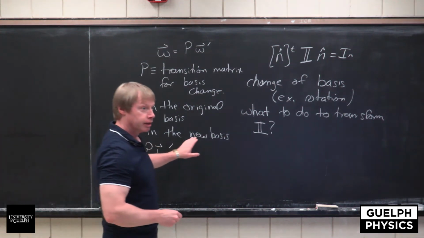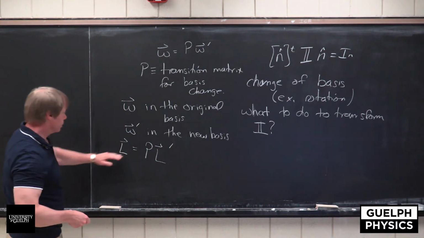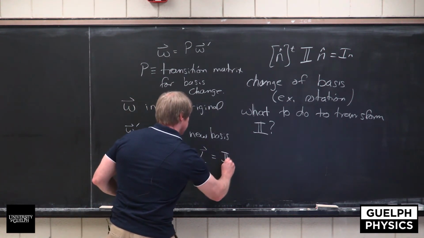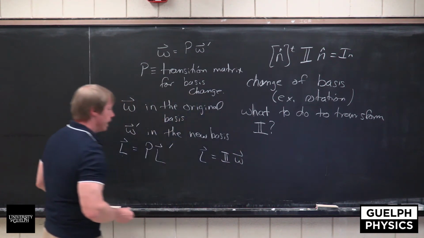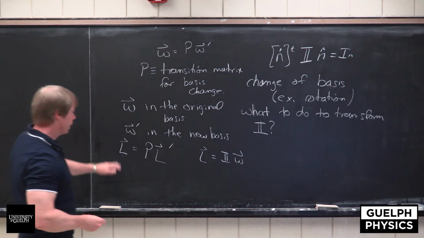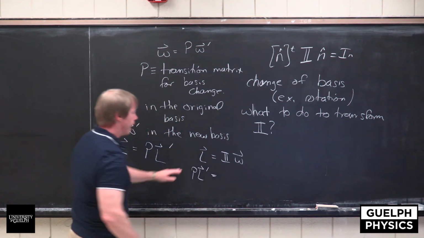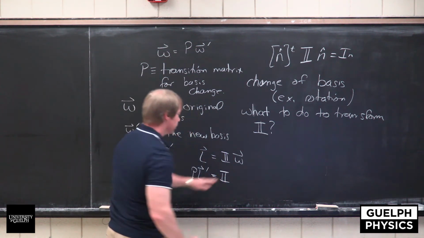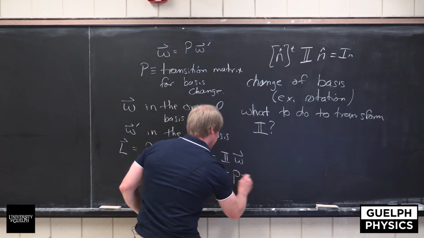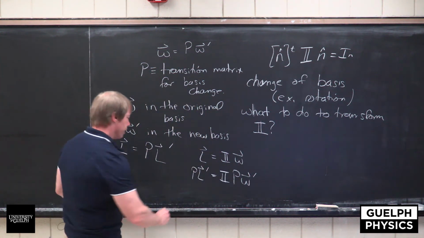And now we can substitute in, because we know that L is I omega. Now we can just make a substitution for L. So this is P L prime, and we have our tensor, and then we make the substitution for omega, P omega prime. And then we want to isolate for L prime.